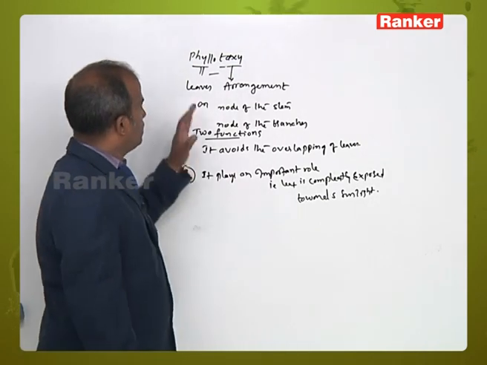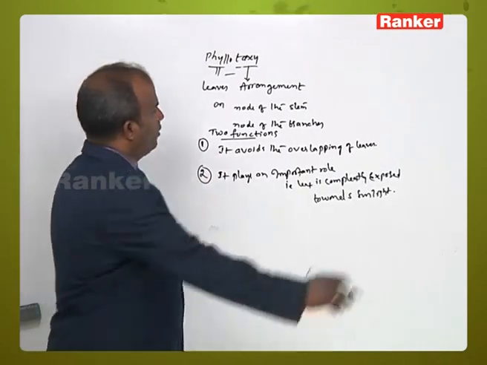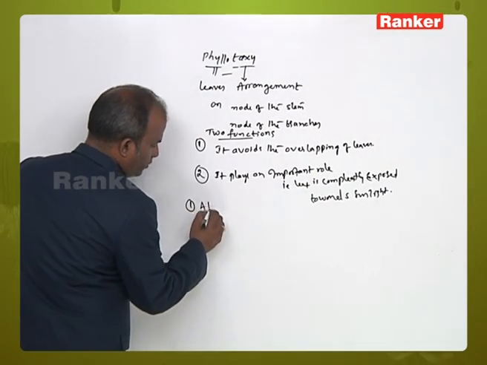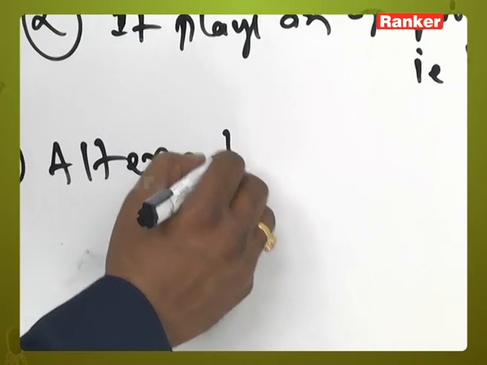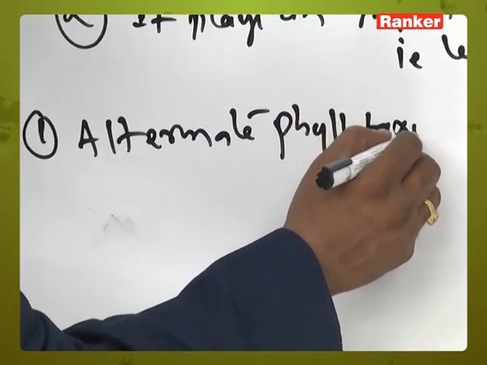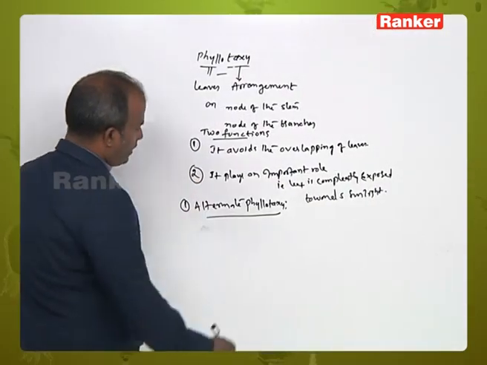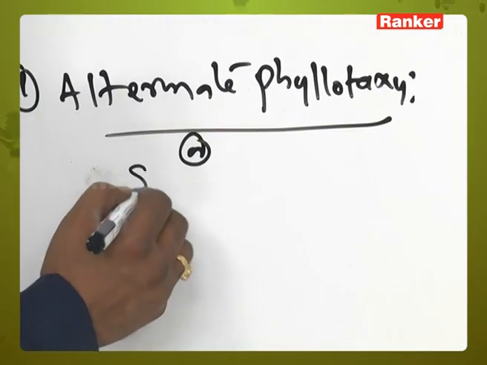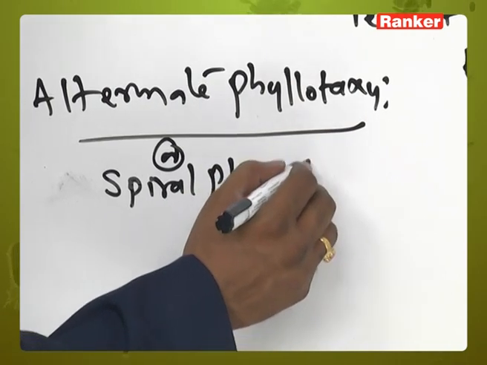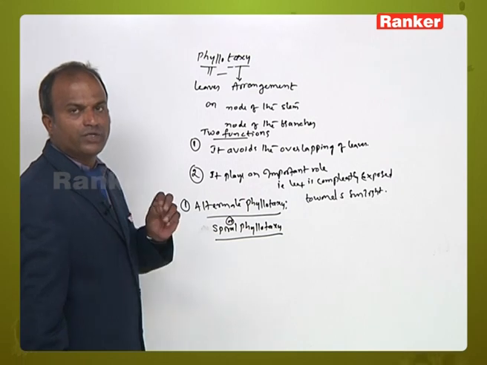Phyllotaxy is of three types. One type of Phyllotaxy is alternate Phyllotaxy. This alternate Phyllotaxy is also called spiral Phyllotaxy.